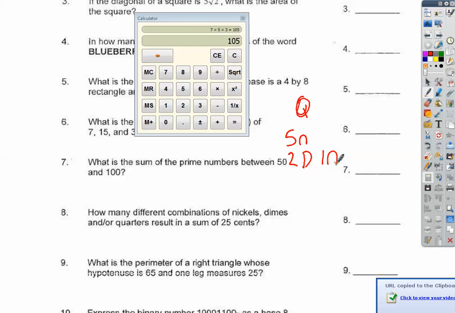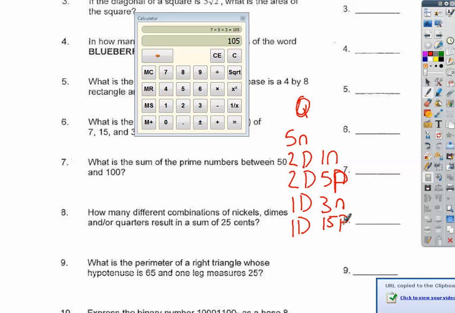And then you can have 2 dimes and 5 pennies. You could have 1 dime and 3 nickels. 1 dime and 15 pennies.